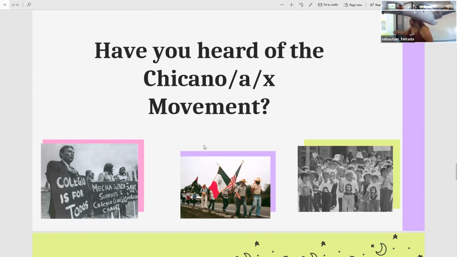And the last picture is of young protesters in front of the city and county building in 1978.